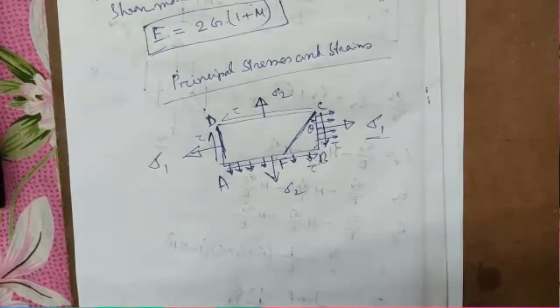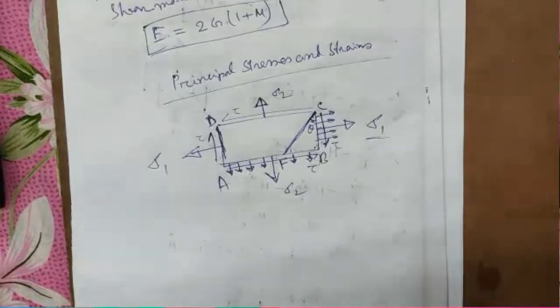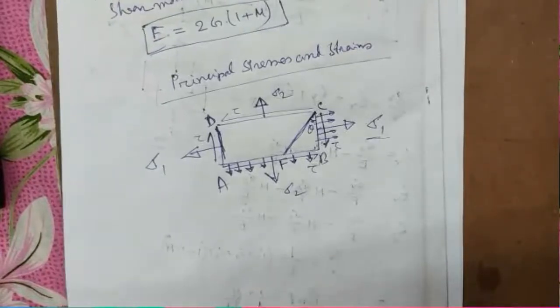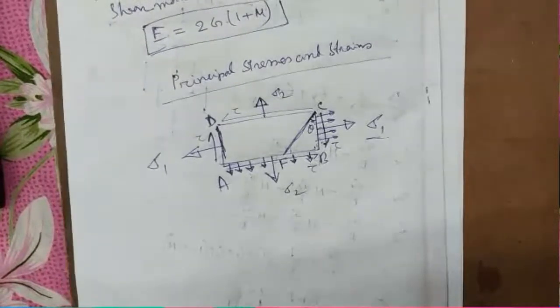Whenever there is a shear stress, to keep the object in equilibrium, there will always be another shear stress of the same value as the applied shear stress, but this complementary shear stress should be in the opposite direction so that the object is in equilibrium.